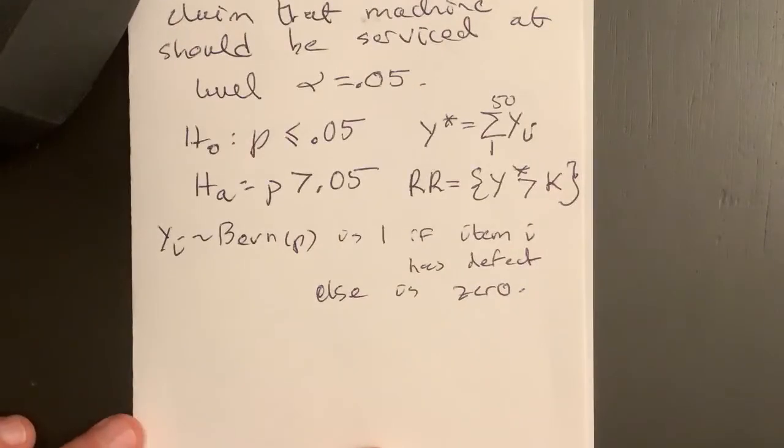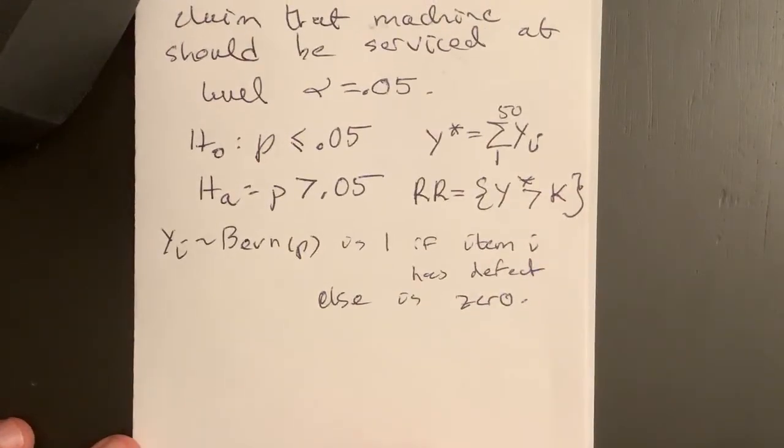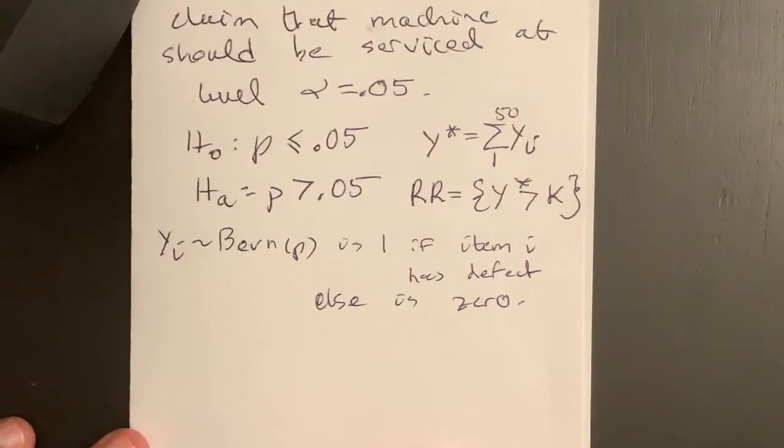One way to do this test is we want to test whether p is 0.05. Now I use 0.05 for alpha too, but this is a different 0.05. We want to test whether the probability of a defect is 5%.